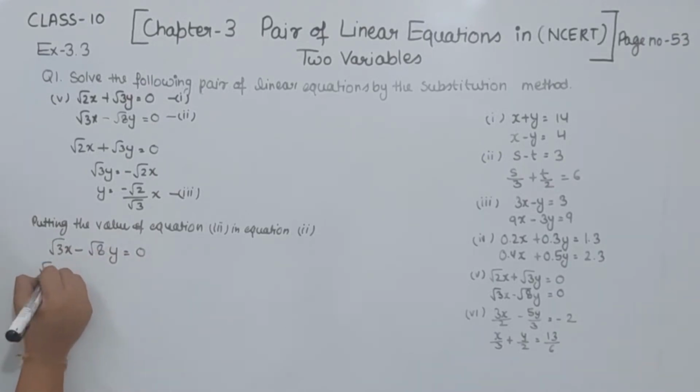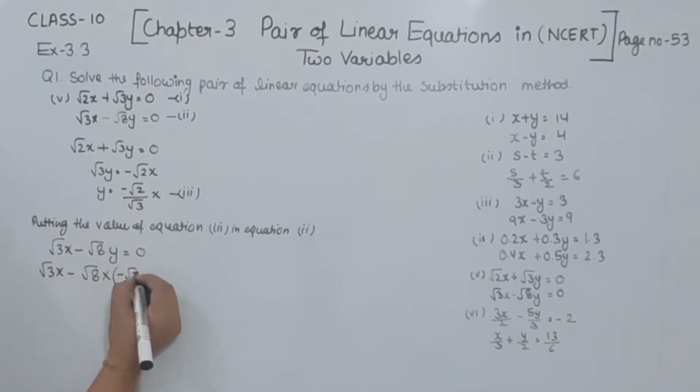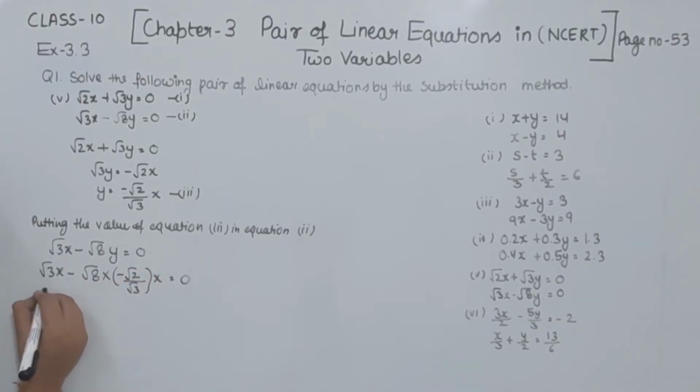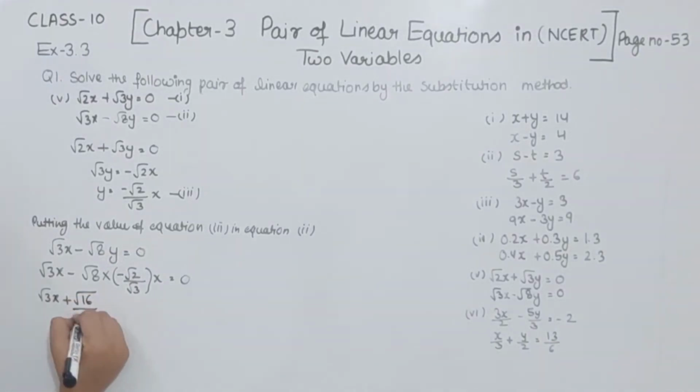So we have root 3x minus root 8 times the value of y, multiplied by minus root 2 by root 3 x, equal to 0 here. Now root 3x minus root 8 times root 2 is 16, and minus minus gives plus, so we will have plus 16 by root 3 x is equal to 0.